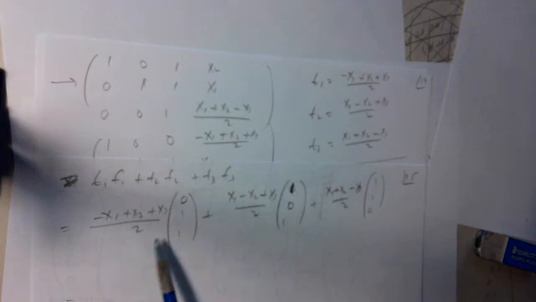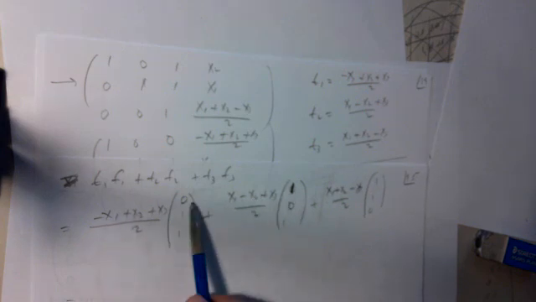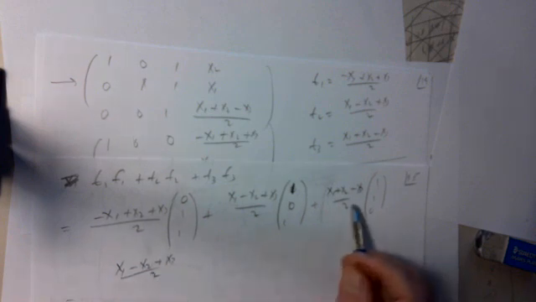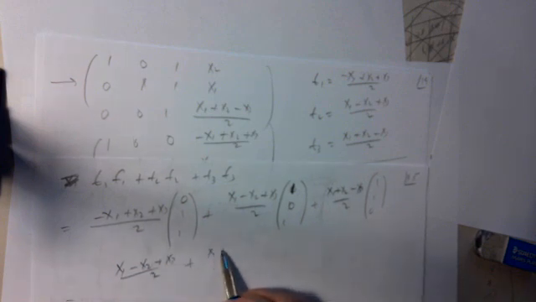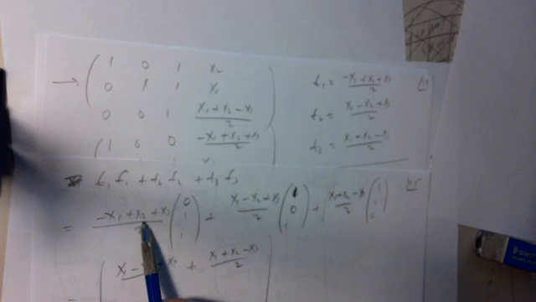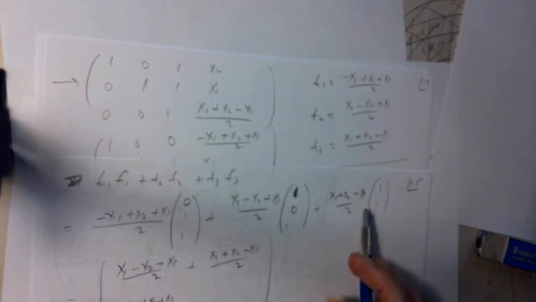So when I collect all of this, the first coordinate is this plus this, x1 minus x2 plus x3 over 2 plus x1 plus x2 minus x3 over 2. Second coordinate is this plus this. And the third coordinate is this plus this.